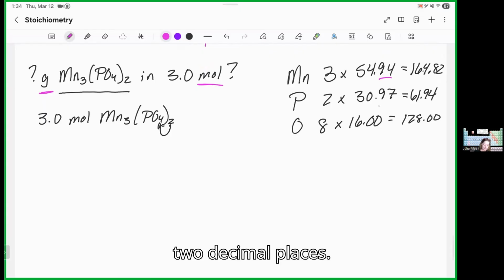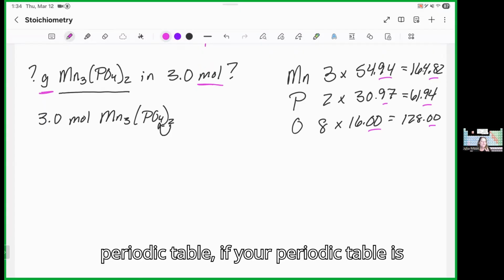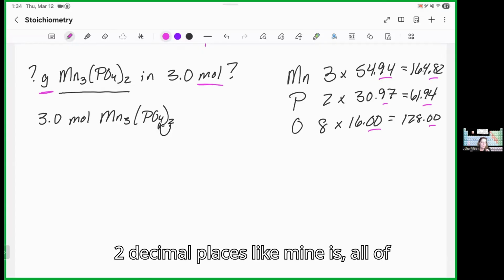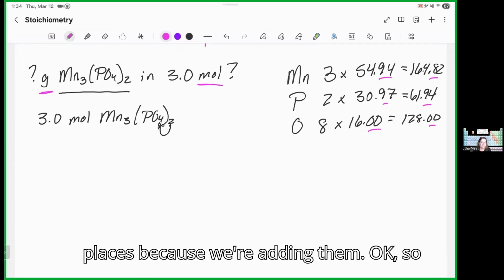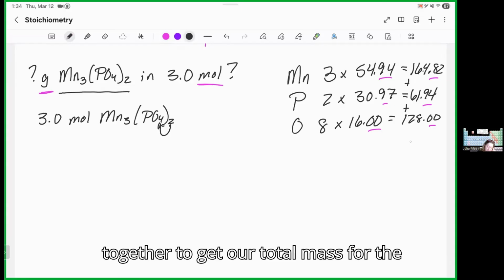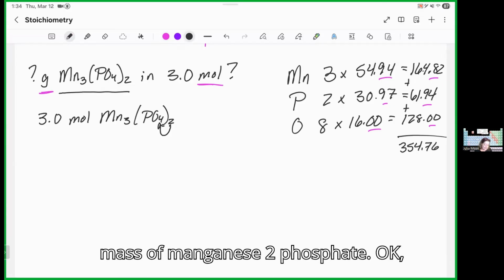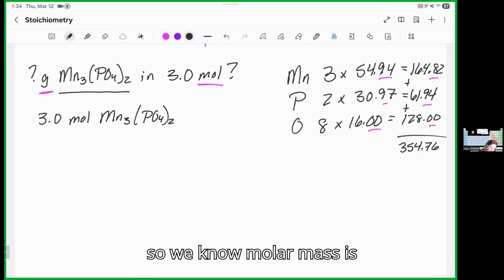All of these have 2 decimal places. So all of your molar masses on your periodic table, if your periodic table is 2 decimal places like mine, will be 2 decimal places because we're adding them. Now we add all of those together to get our total mass for the whole thing, and I get 354.76. That is the molar mass of manganese 2 phosphate.